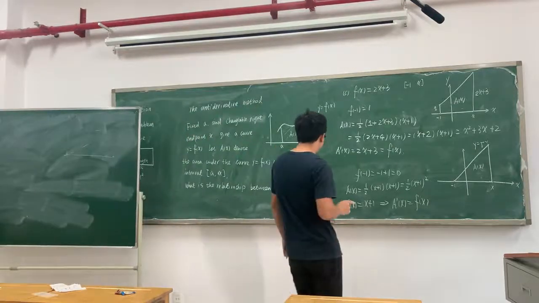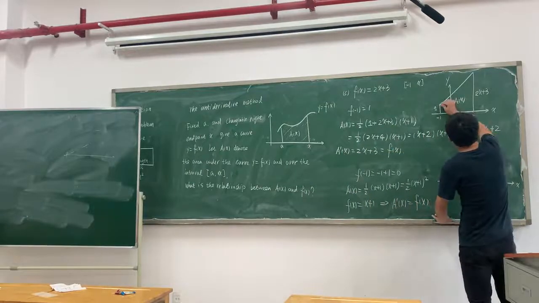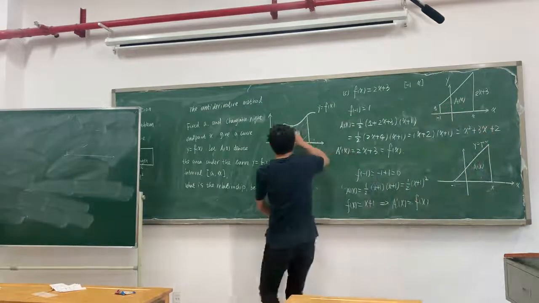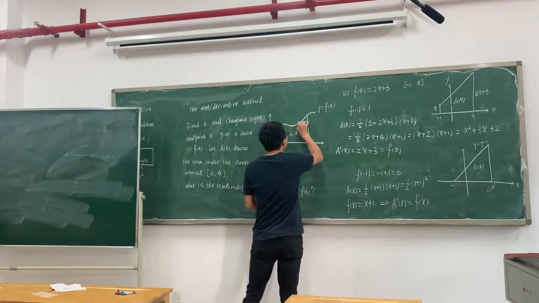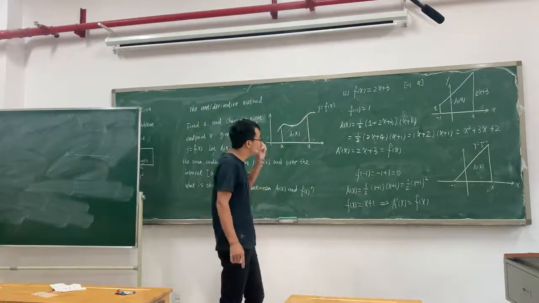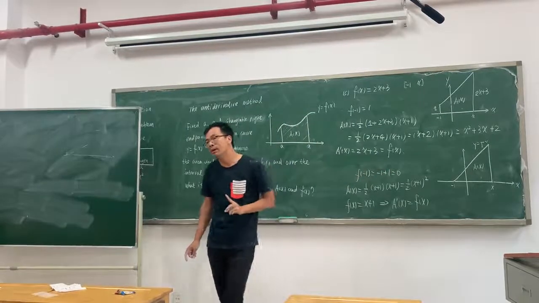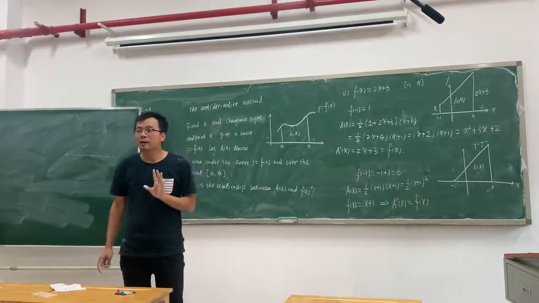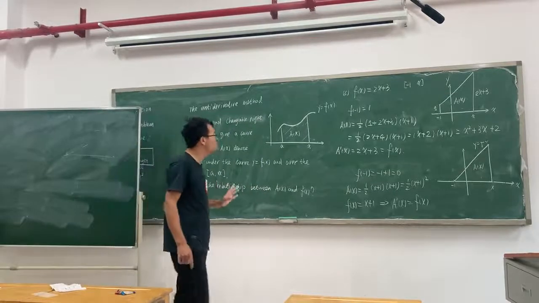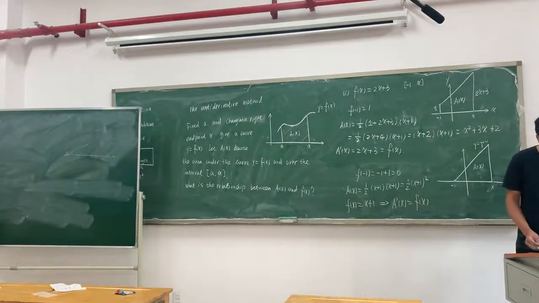So here means if I give you the curve, if you can find a function whose derivative equal to f, then you can find the area. So this is the second method.